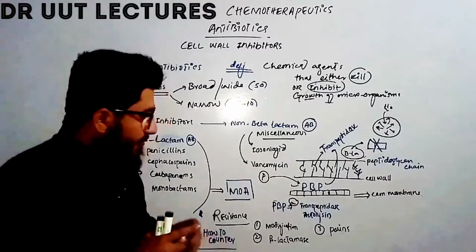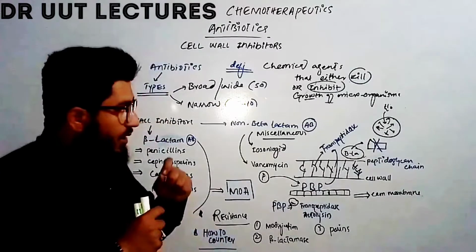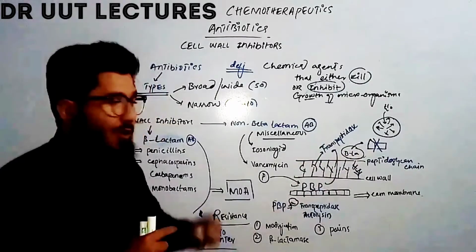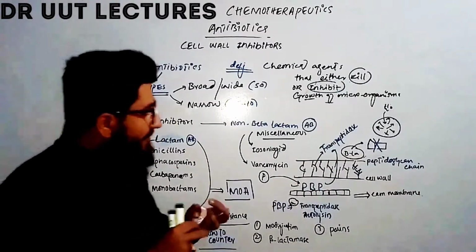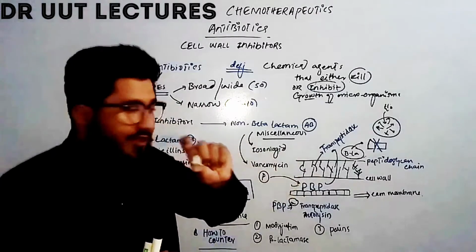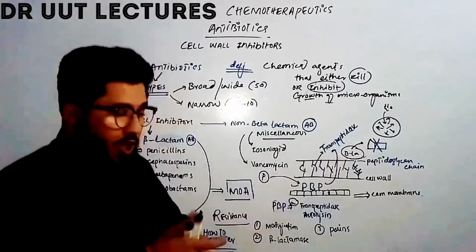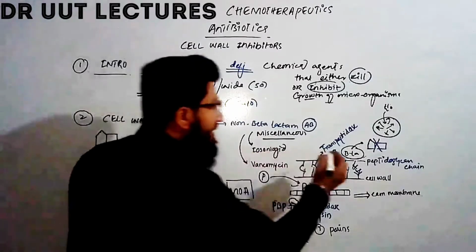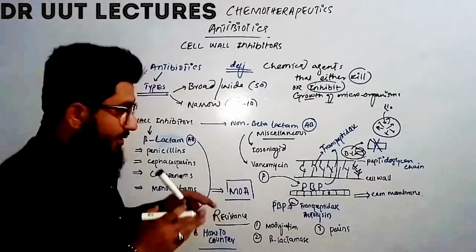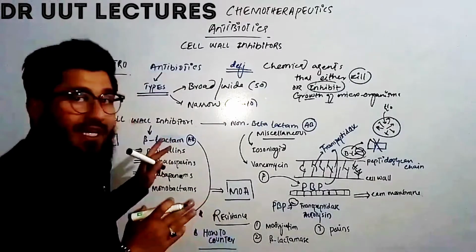Very simple. We have some beta-lactamase inhibitors by means of which we can counter it. We have tazobactam, clavulanic acid, and sulbactam. These are the beta-lactamase inhibitors. They will inhibit the beta-lactamase enzymes. They are given together with the beta-lactam antibiotics.